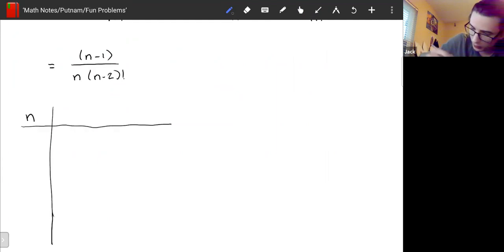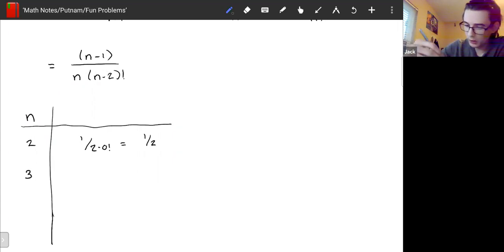and let's see. So first off, for the very first n equals 2, because remember that this sum's going to start at 2, it is going to be, let's see, 2 minus 1 is 1, and that's going to be over 2 times 2 minus 2 is 0 factorial, so that's just 1/2.